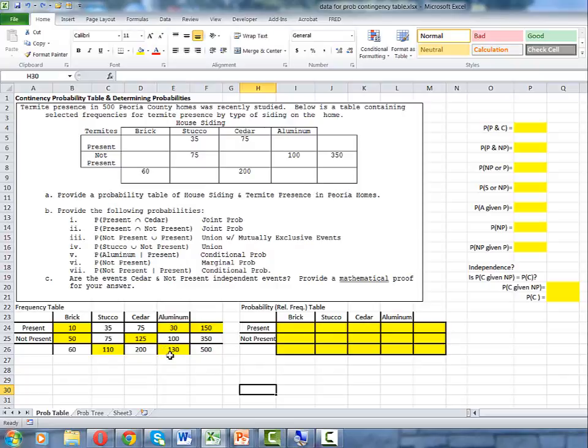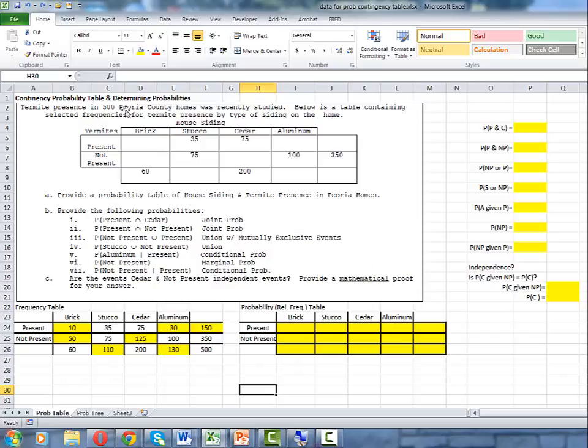So we can figure that out now that we know that this is 110, and so on. So then we can get these real easily, and then from all that information we can get the 10 and 50, because we know that these 4 numbers have to add up to 150, and these 4 have to add up to 350. So we have our completed frequency table.